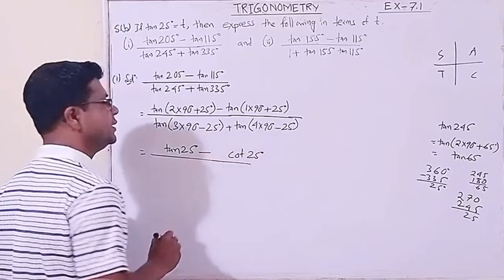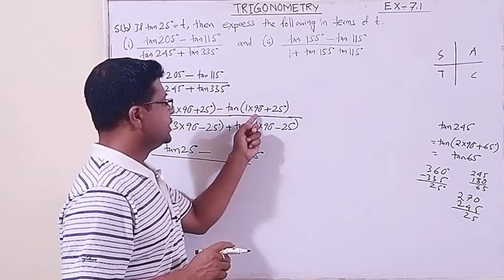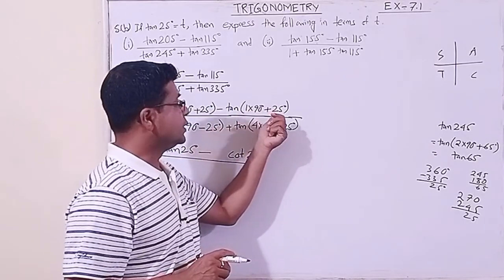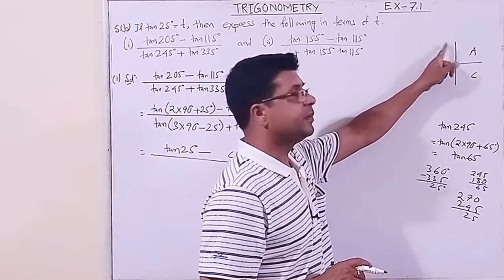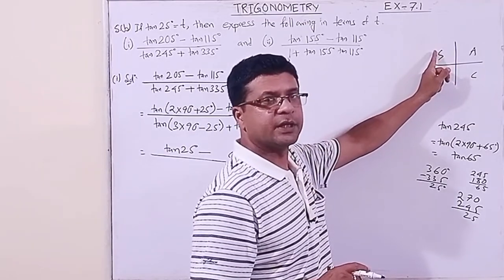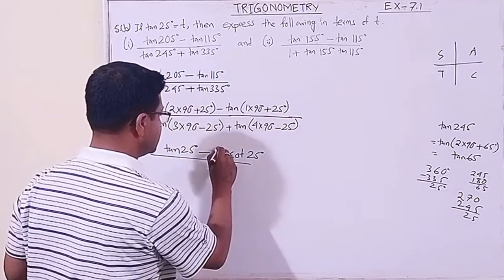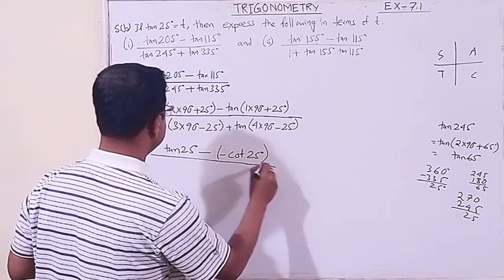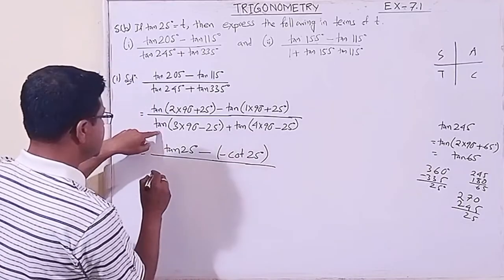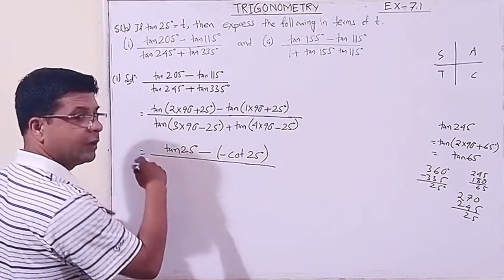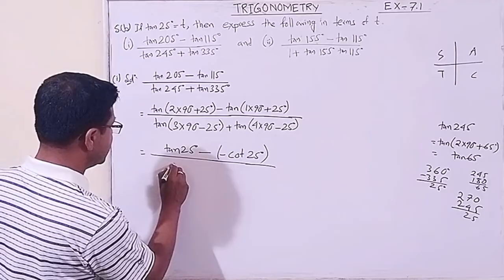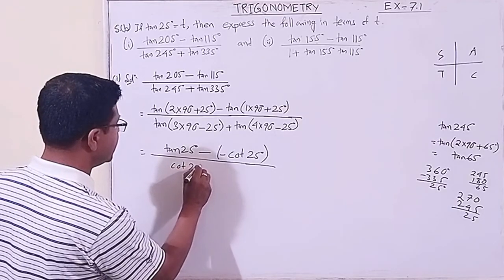Now its sign we will see. Okay, this is in which quadrant? 90 degree plus something. It is in the second quadrant. In the second quadrant tan is negative, so minus. Got it? Okay, then tan will be converted to cot. Why? Because it is an odd multiple of 90. So this is cot 25 degree.